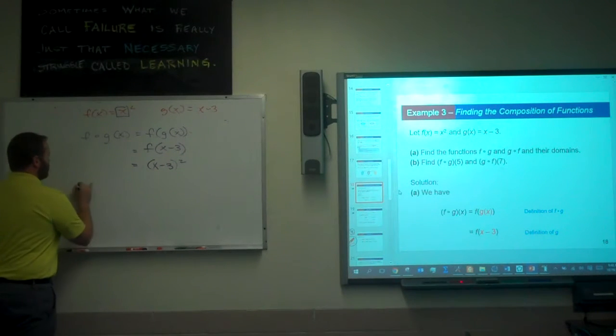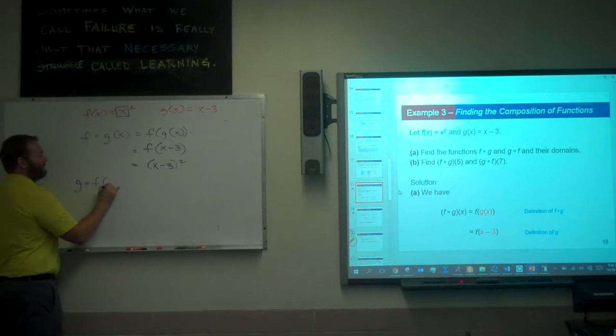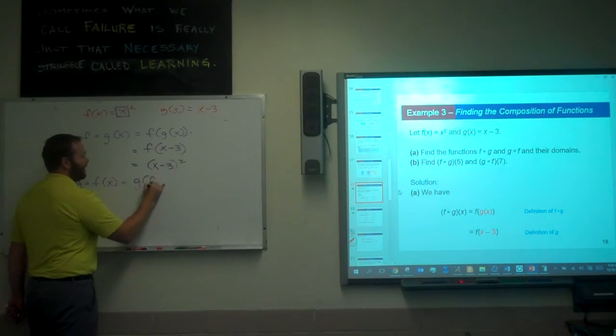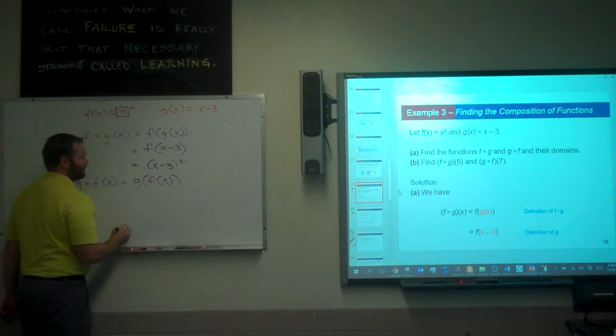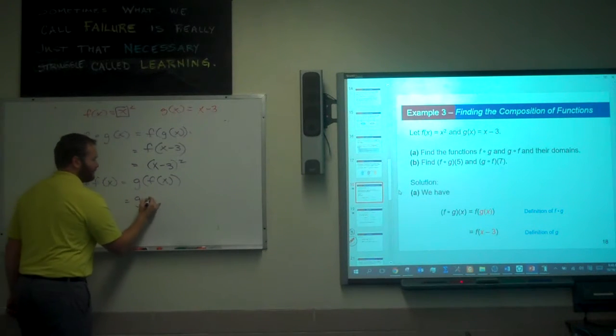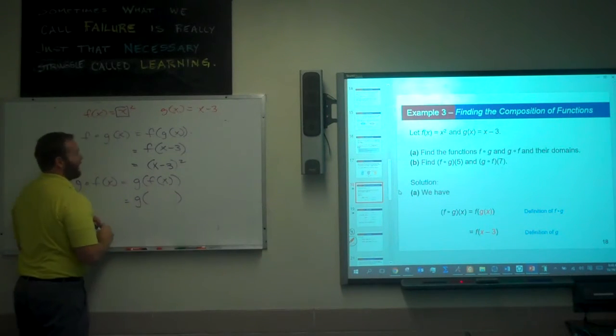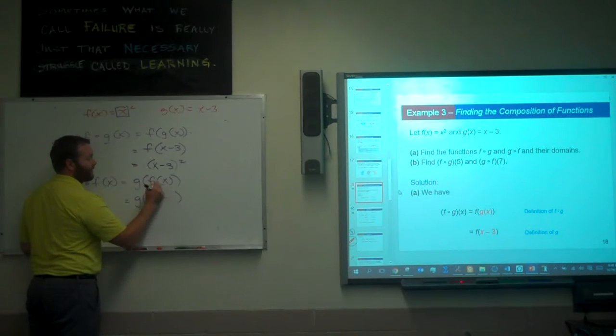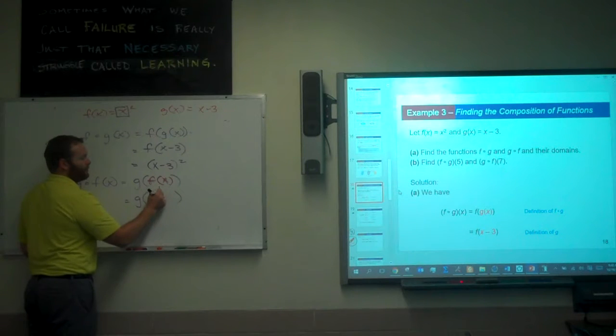If I do g composite f of x, again, that's g of f of x. So now f of x is what? X squared. So that thing right there, I replace with x squared.